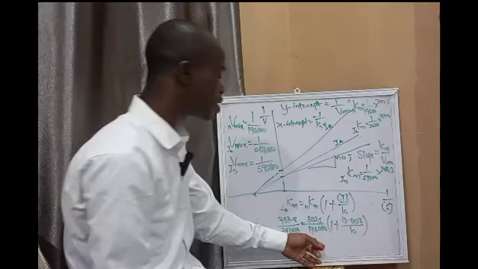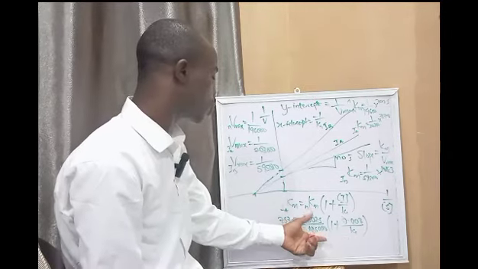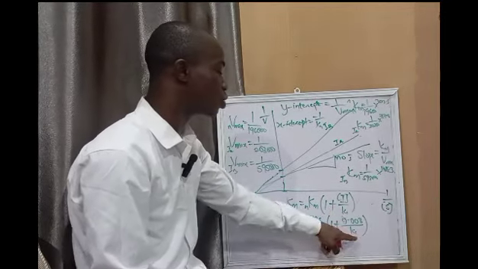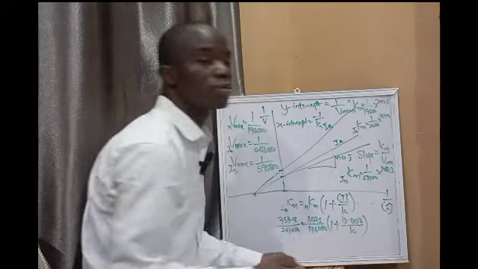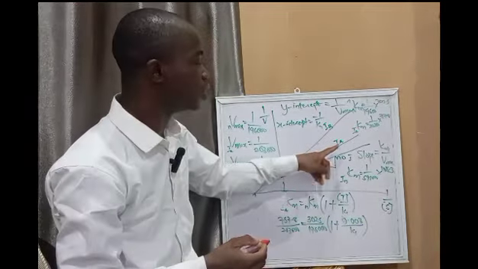So with this now, I could get my Ki. I could just work around this expression to get my Ki, that is the inhibitor constant for this inhibitor A.